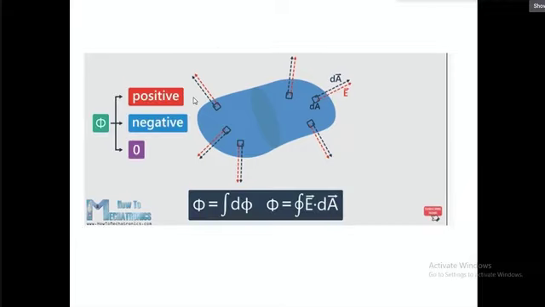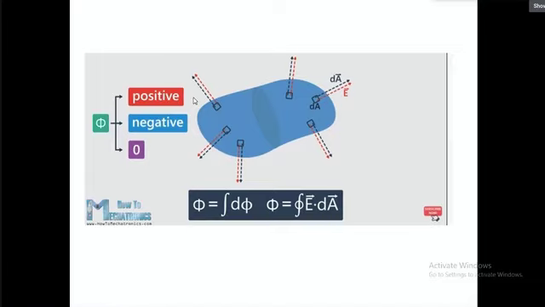So this is the inference: the flux can be positive, negative, or zero. If positive charges are crossing the area, it is called positive flux. If negative charges are crossing the small area, it is negative flux, and there is zero flux.